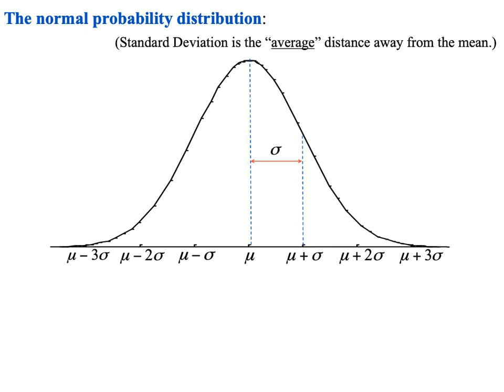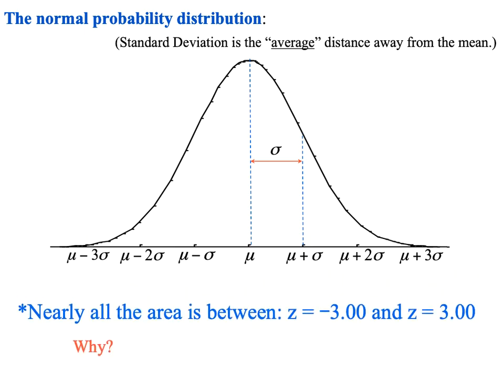We usually don't have a 4 standard deviation or a 5 standard deviation. Those are usually classified as outliers. We already know this because the empirical rule tells us that 99.7% of our data falls within that range. So usually when we find our z-scores, we're between negative 3.00 and positive 3.00.